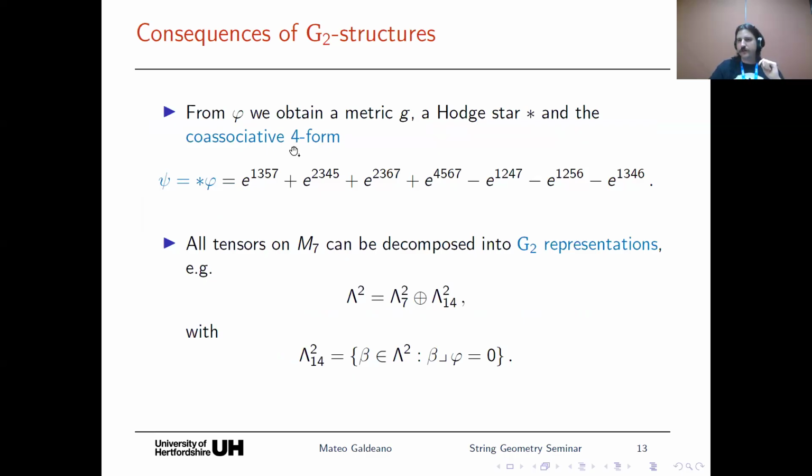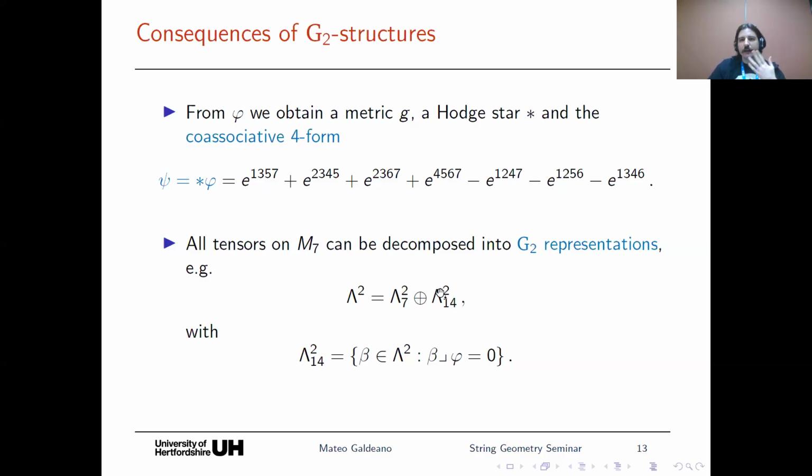So we have these 2 tensors, phi and psi, on our manifold. And another consequence of having a G2 structure is that any tensors in your manifold can now be further decomposed into G2 representations. So for example, the space of 2-forms now splits into a 7-dimensional and a 14-dimensional part. That's what I'm representing with these numbers.